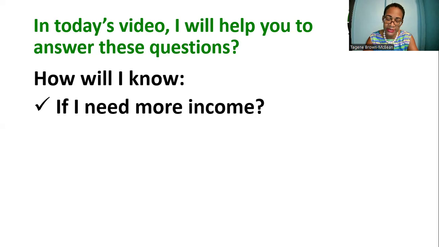Or sometimes all you have to do is pay off a loan, do the calculation. As a matter of fact, you can do the calculation first to see if paying off a loan will move you from the average category to the excellent category. Okay? So you definitely need more income if you're at bad.